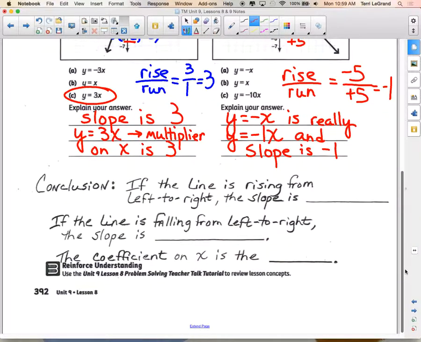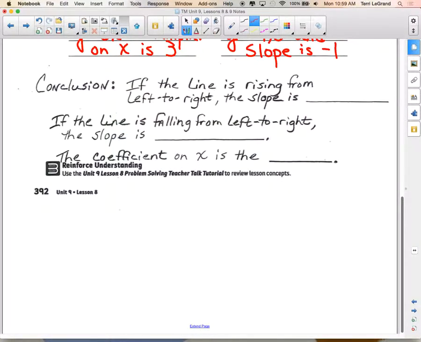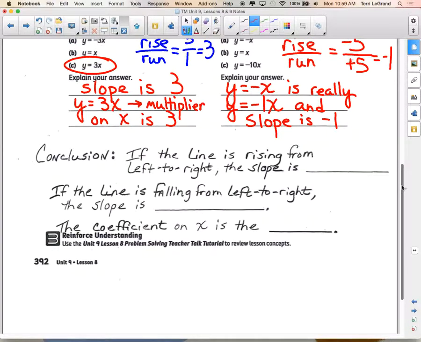Okay, I want us to make a conclusion here, looking at the two graphs on the front of this page and the two that we just did on the back. If the line is rising from left to right, or falling from left to right, what can we say about our slope in terms of its sign, positive or negative? If the line rises from left to right, what happened with our slope, both times? Which ones are rising?